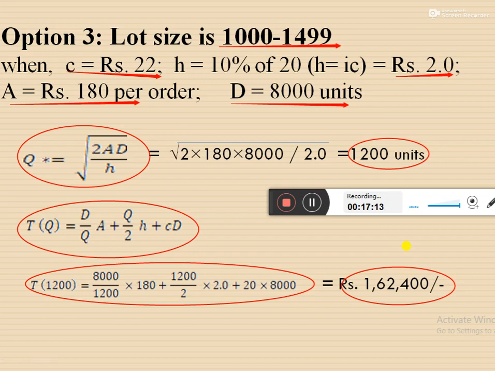So you might have noticed one thing while solving this situation, that smaller the order size, larger would be the total cost. If the order size is smaller, then the total cost would be larger. In this case, the order size is equal to 1200 units and the total cost is equal to 1,62,400.